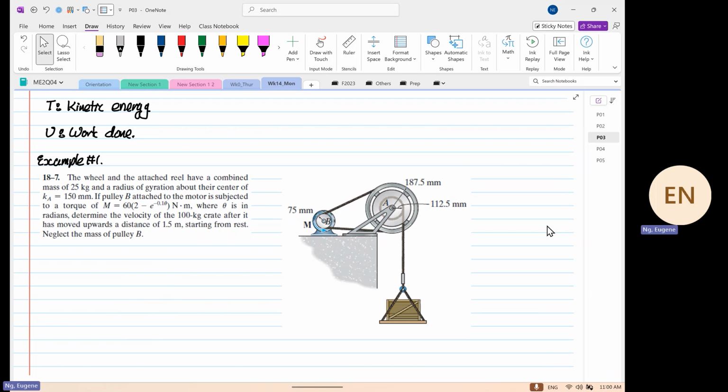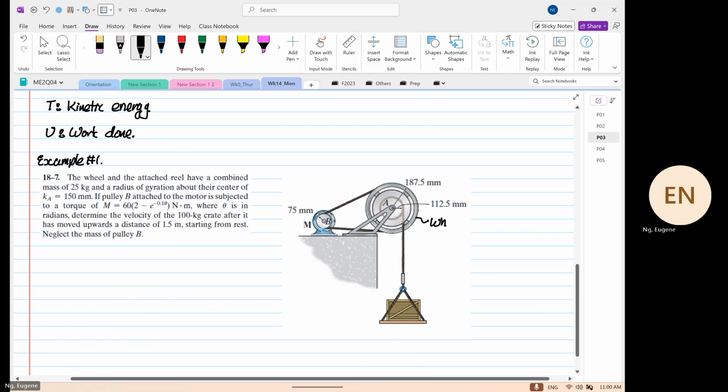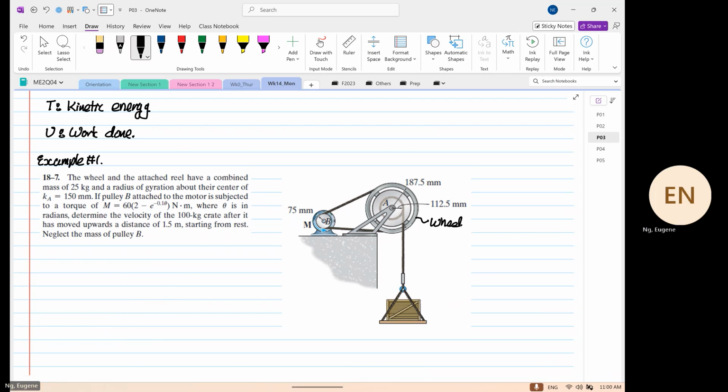The wheel and the attached reel have a combined mass of 25 kilogram. So this is our so-called wheel, and over here there is our reel.